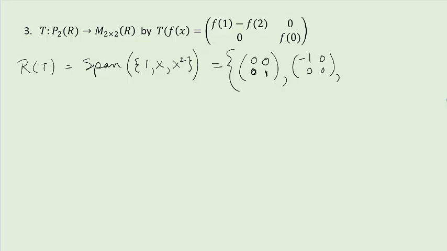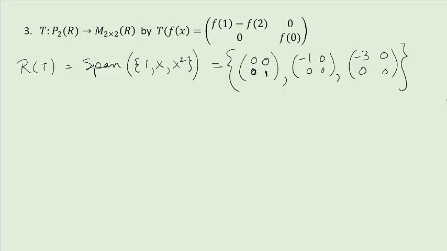So we get that 2 by 2 matrix. And if our function is f of x equals x squared, then the upper left entry will be 1 squared minus 2 squared, negative 3, 0, 0, and f of 0 would be 0 squared, or 0.